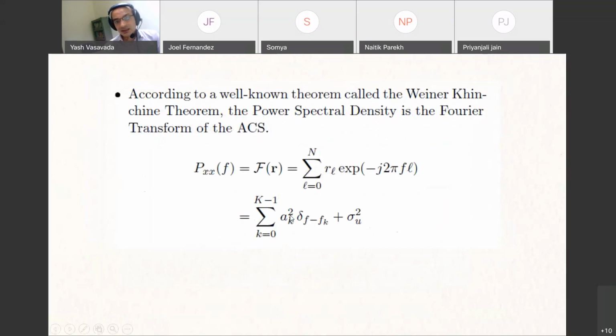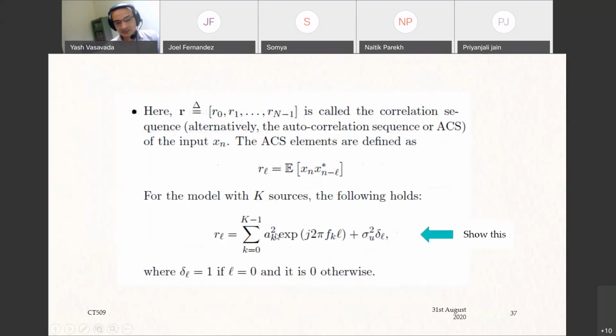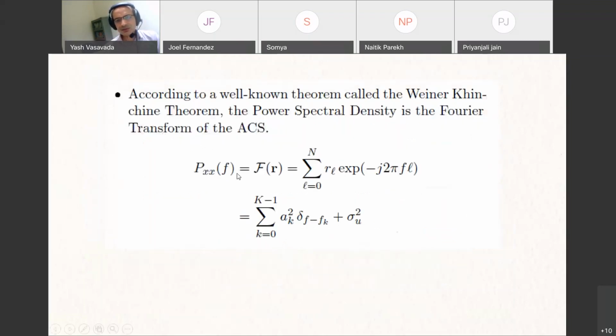And this |a_k|^2 just appears because they are here. So what I get when I take the Fourier transformation of this is the power spectral density, which has this particular formulation. The sigma_u squared is constant, independent of f. And there are k terms which are all dependent on f, except they are Dirac delta functions located at f equal to f_k.